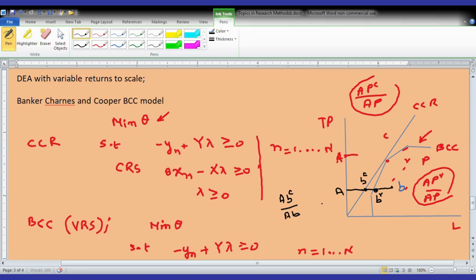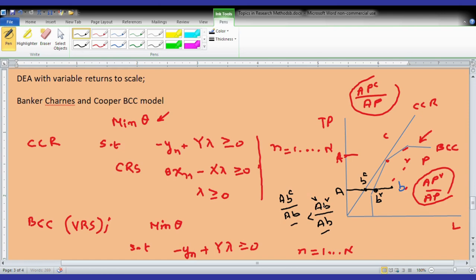In this case we have ABV divided by AB, and this again is the technical efficiency score, which is greater than the CCR technical efficiency score, because both denominators are the same, but ABV is greater than ABC.